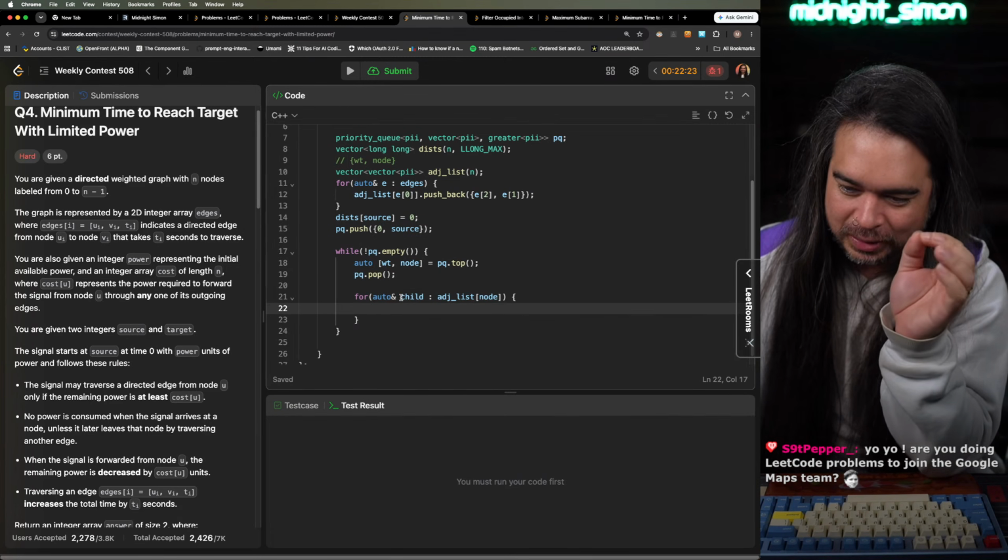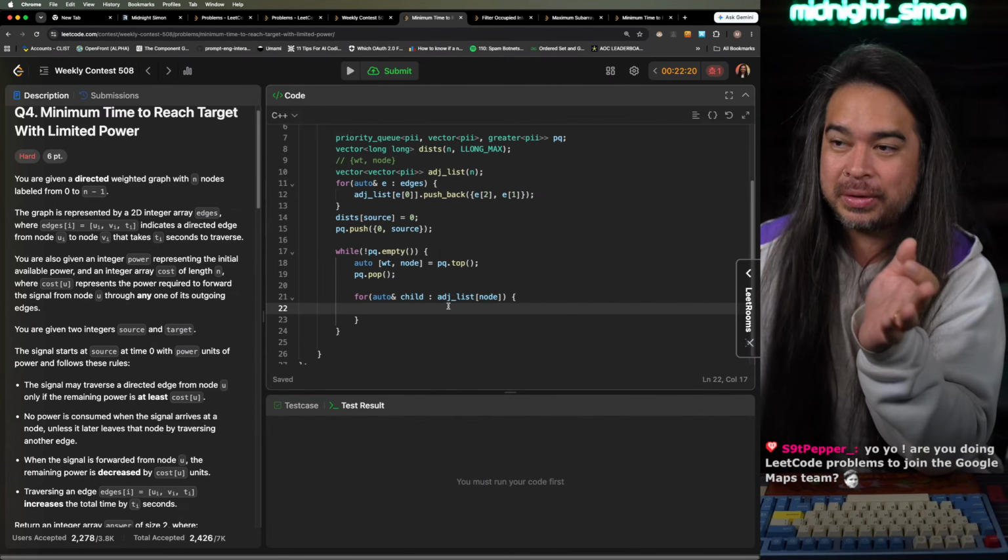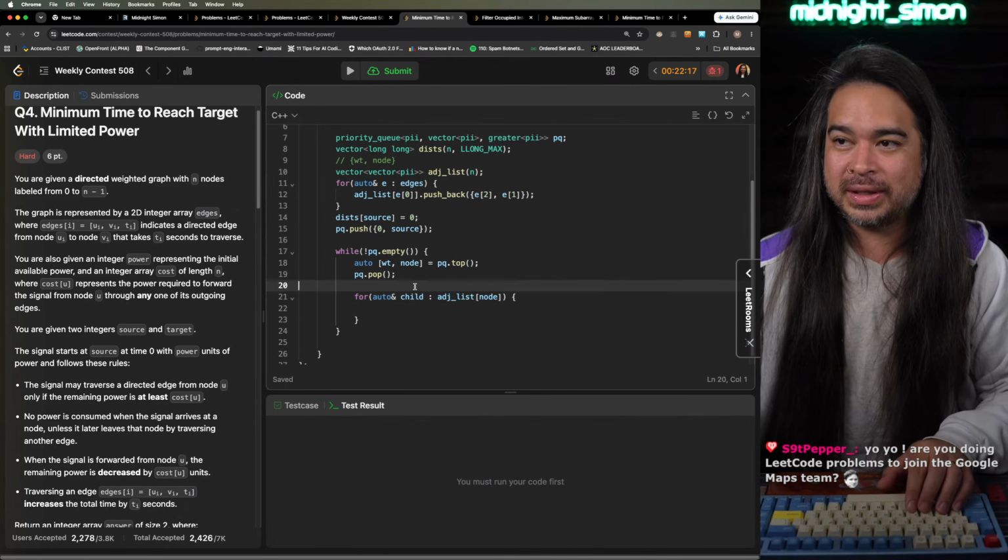Alright. So Dijkstra's, I'm trying to go to my next node now. And how do I know I can visit this node?